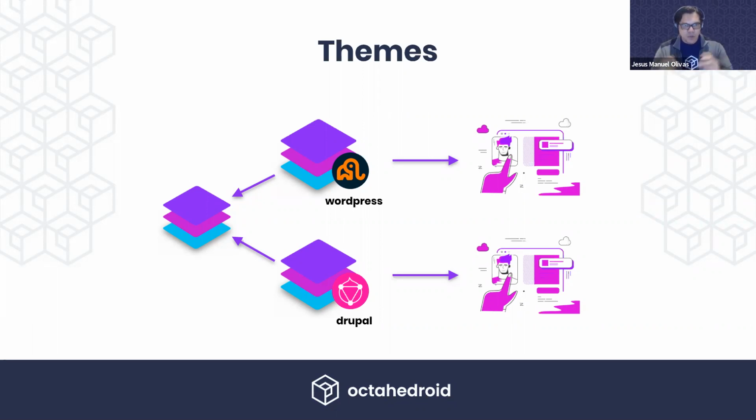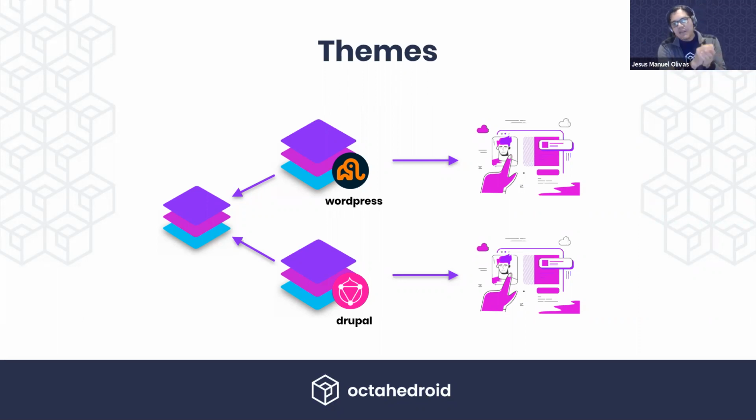Think about this. I need to have a standard look and feel for my sites. I need to have several sites with different backends. So regardless of the backend, I'm required to show the same look and feel. So we can use a Gatsby theme to provide this functionality.